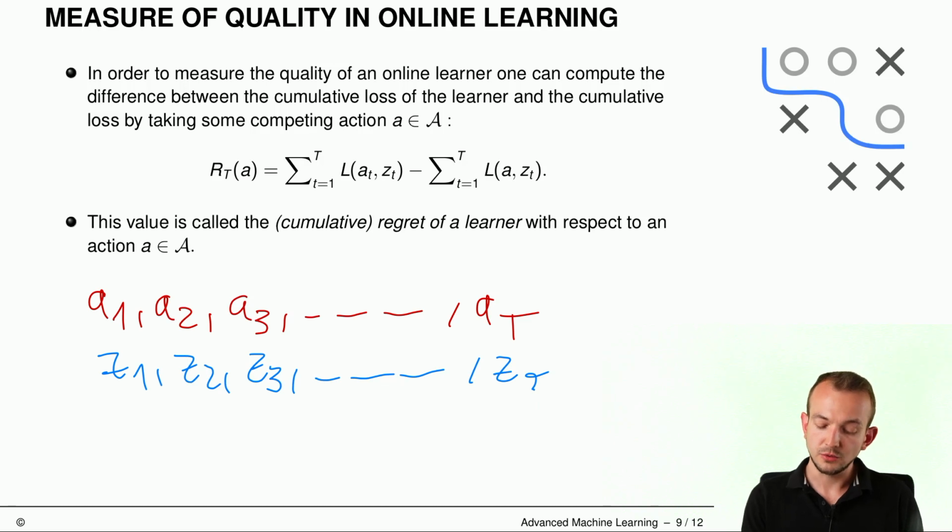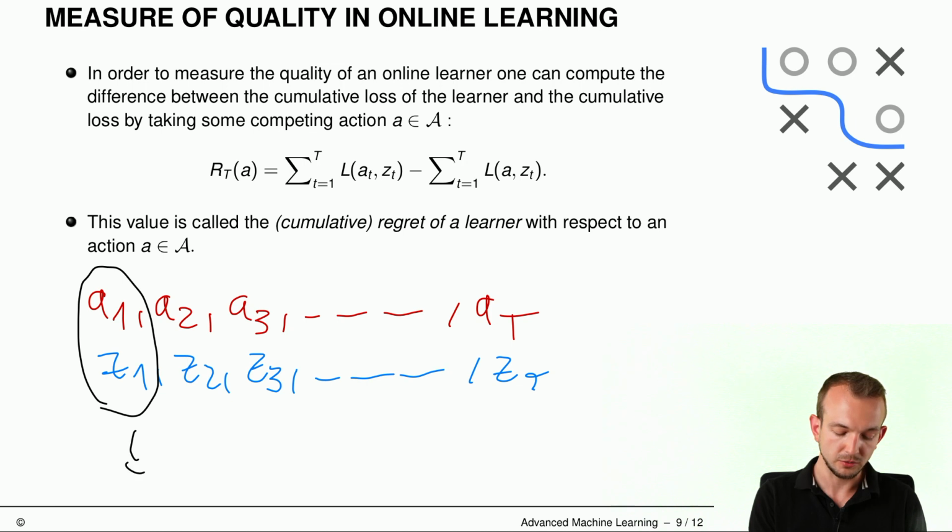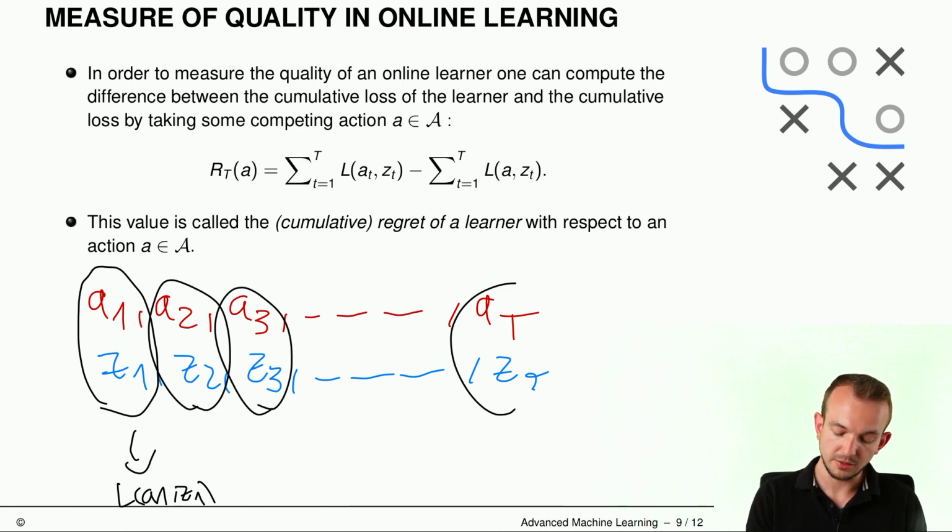And what we can do now is, for all these pairs, compute what the loss is, A1, Z1, and so on. We can do this every time and then accumulate everything.